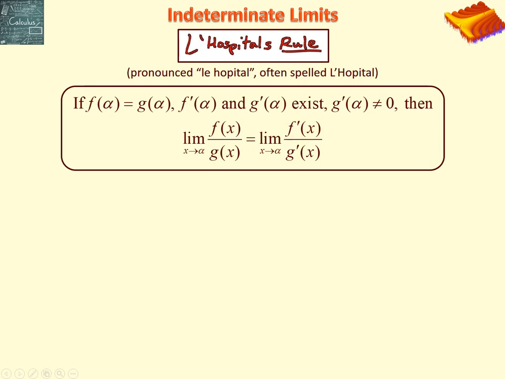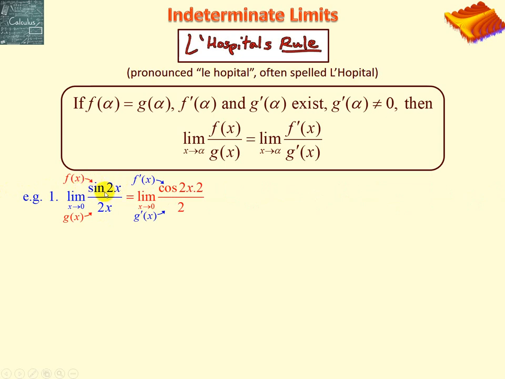An example. Limit of sine 2x over 2x. If I substitute 0 into those, I'm going to end up with 0 over 0. So therefore it is indeterminate. So now I'm going to differentiate the top and differentiate the bottom. This is a chain rule.